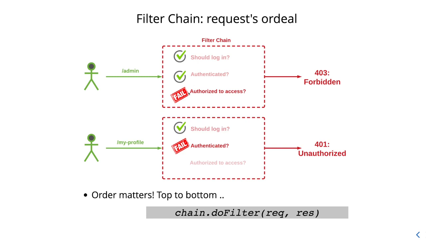As a result, the request is rejected with HTTP 403 forbidden. In the second case, the same user is trying to access his profile page, but since he is not logged in, in this particular case, the request is rejected immediately with the HTTP status of 401 unauthorized.